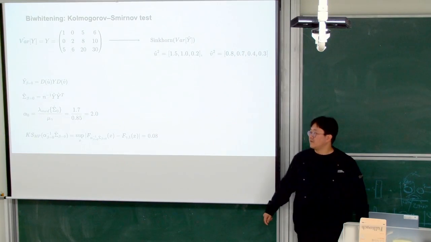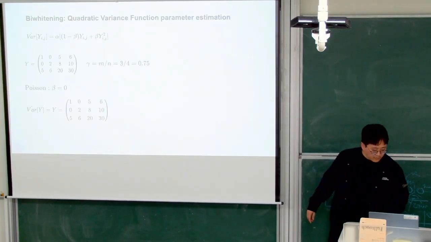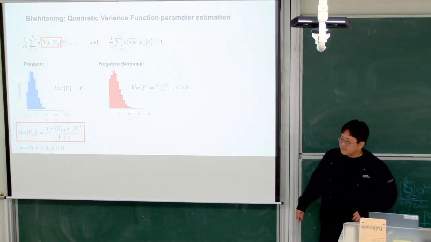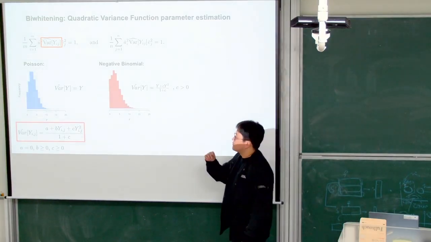죄송합니다. 베리언스식 한 번만 짚어주시겠어요? 보통 Y라는 게 지금 랜덤 변수입니다.